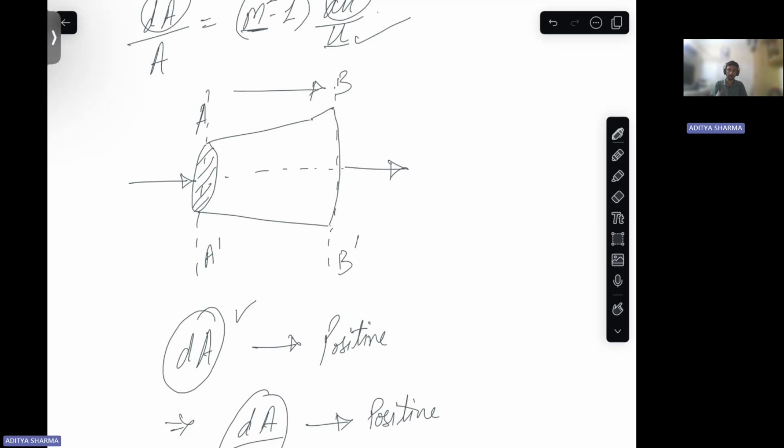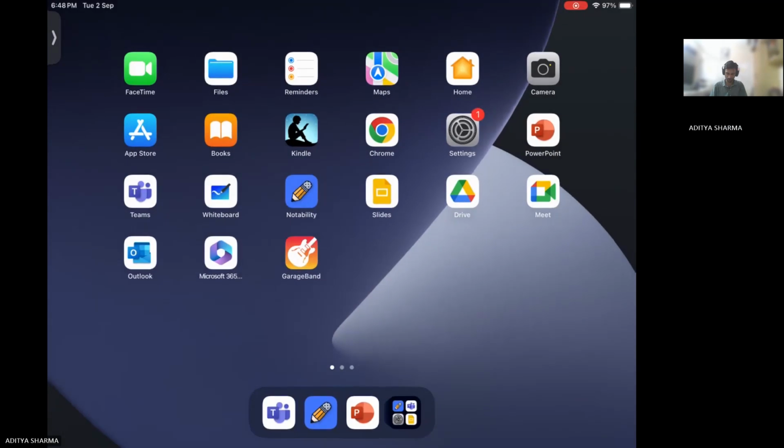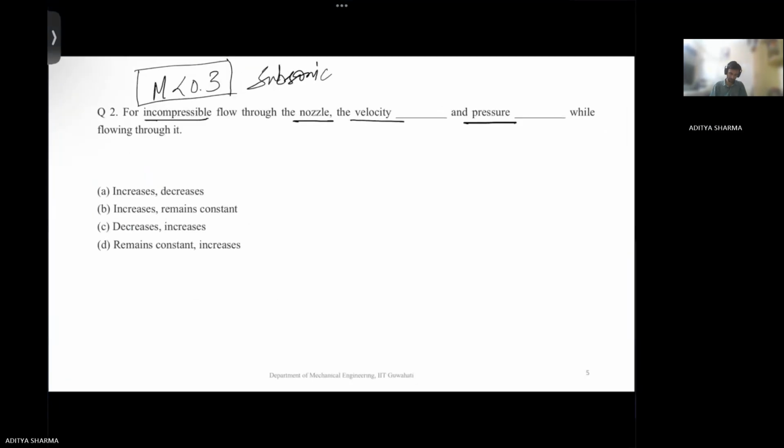If the duct is acting as a diffuser, velocity will decrease for subsonic cases. But if the duct is acting as a nozzle, for subsonic flows the velocity will increase. And if velocity is increasing, pressure decreases.